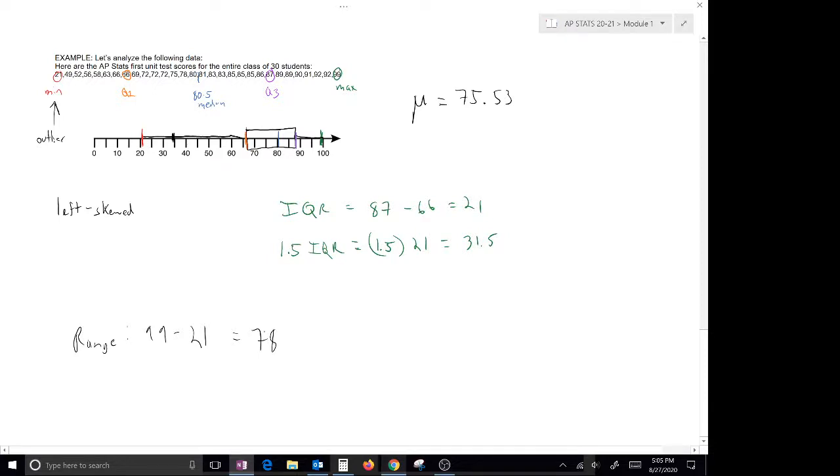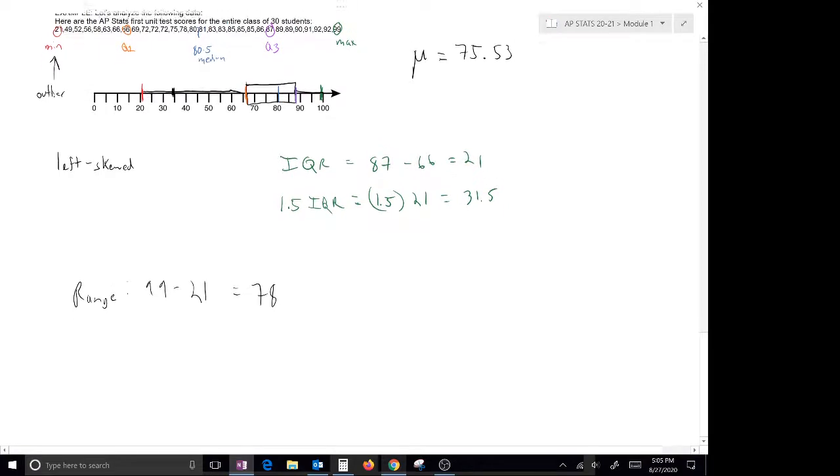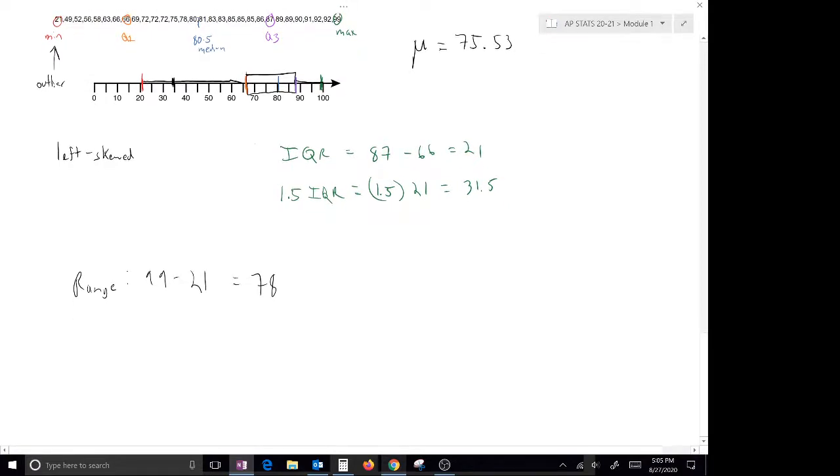So range gives me a fairly broad sense of the spread. So 78 just tells me that my data is spread out over 78 percentage points between 0 and 100. Well, that's a pretty good spread considering the lowest we could potentially have is 0 and the highest we could get is potentially 100, assuming there's no extra credit.